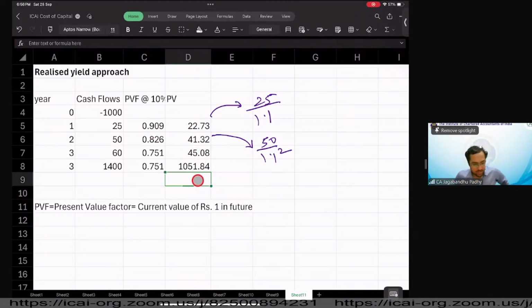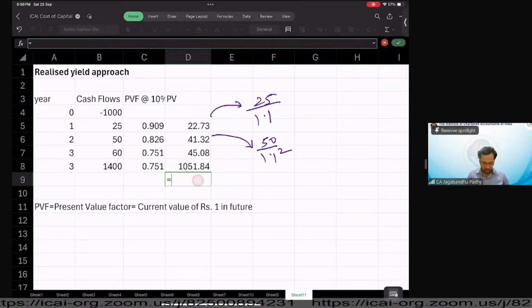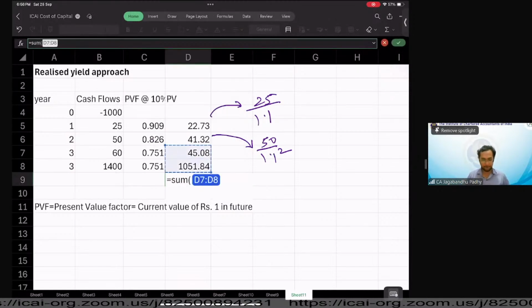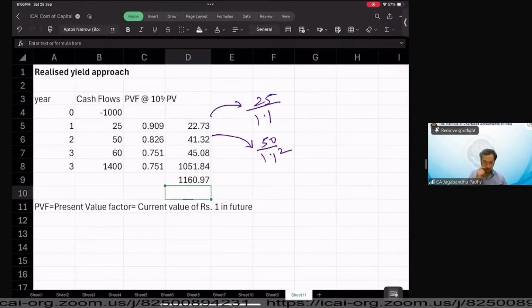Now, the total present value is working out to be 1160.97. So if we say that we are buying the share at 1,000 rupees and we are going to sell it at 1,400 after receiving this dividend, and if I'm discounting it at 10%, I'm getting 1160 as present value.